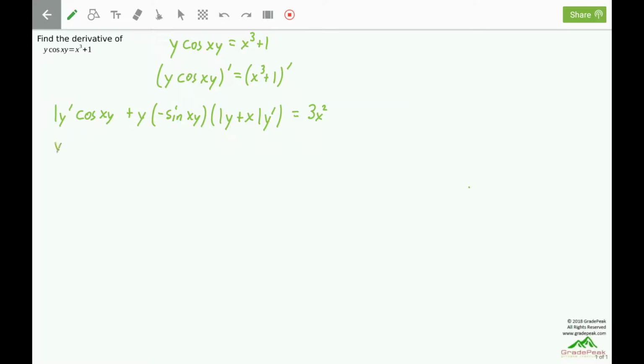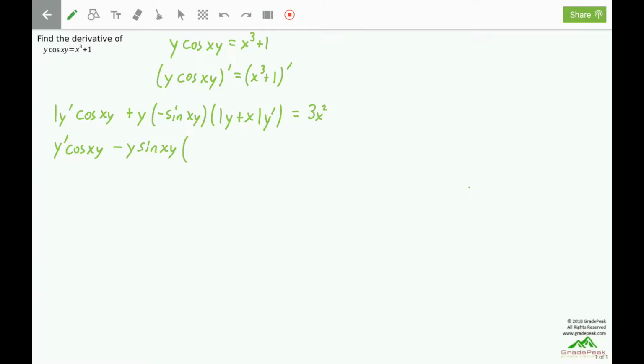This first term here, the 1 is implied, so we can write this as y prime cosine of xy. This next term, we have a y times a negative sine, which is negative y sine of xy.